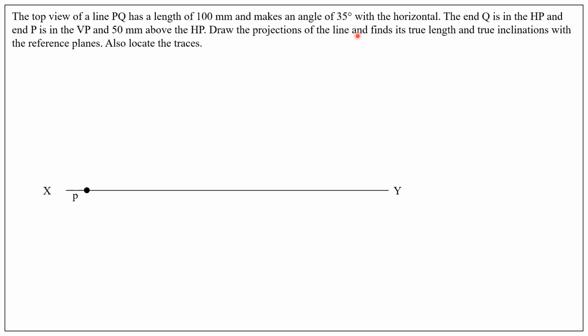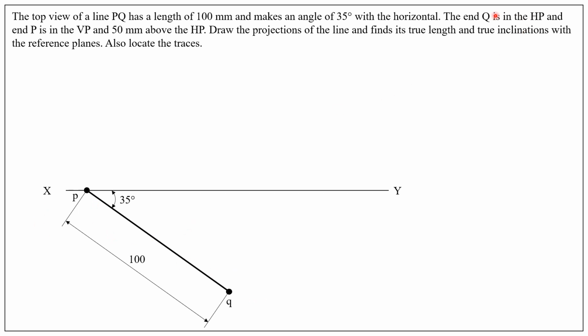Therefore, from P, draw a line inclined at an angle 35 degrees. And the top view has a length of 100 millimeters is given in the problem. So mark point Q such that the distance between PQ is equal to 100 millimeters and PQ represents the required top view.